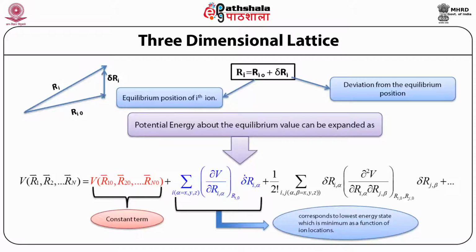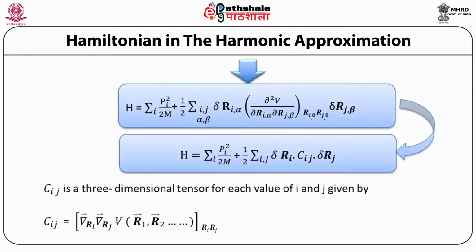Now remember that the second term, the linear one, becomes zero. Why does it become zero? It vanishes due to the fact that the net force on any ion is zero in equilibrium, which is very normal to expect, and hence the first non-zero term is the quadratic. So what I had discussed in the previous slide was that the first non-zero term is the quadratic term, and all the higher order terms we ignore.